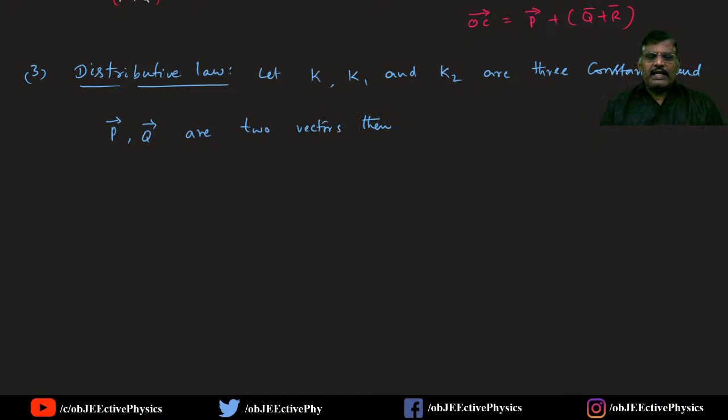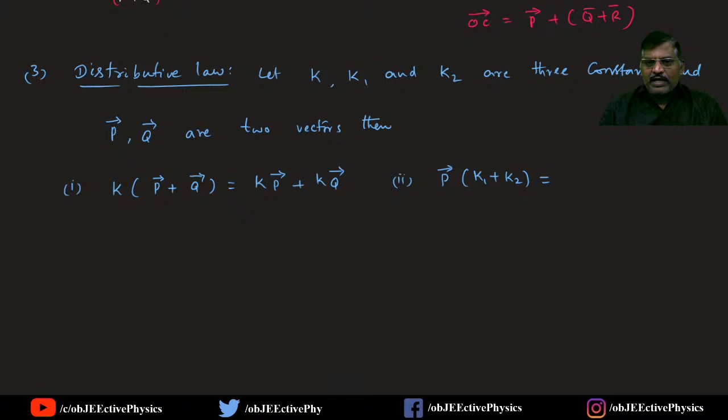Then the distributive law can be written as: k into P bar plus Q bar can be written as k into P bar plus k into Q bar. This is one. And the second one can be written as P bar into K1 plus K2 equals K1 into P bar plus K2 into P bar. This is the distributive law.